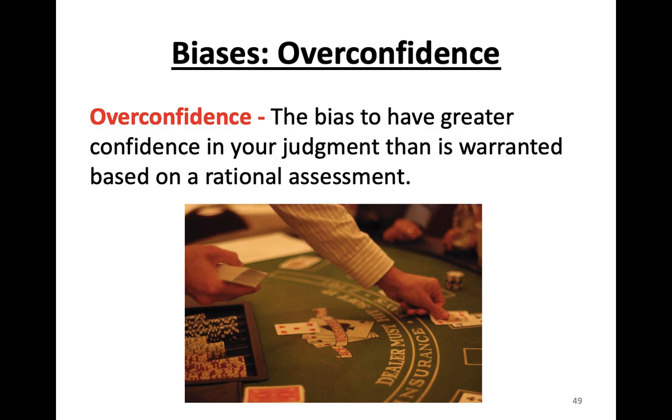It's often been said that people have a bias blind spot, which is the belief that we're unlikely to be victim to all of these biases that I've just described. So we have the bias of overconfidence, and we think, well, sure, other people will fall victim to those biases, but I won't. So perhaps our greatest bias is our overconfidence, the belief that those biases apply to other people, but not to us.